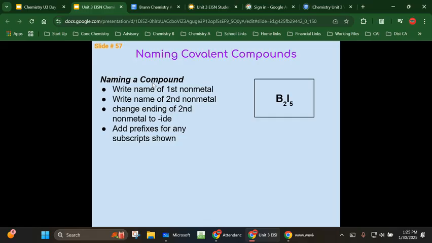Now, here's the other thing, ladies and gentlemen. I do not expect you to know which nonmetal to write first in a covalent compound. That is something that I have to set up for you. I'm not going to get into how we determine it. It has to do with the electronegativities and all kinds of weird stuff. We're not getting into that. But if you take 2 of these dice, the ones on the left-hand side of this box have to go first in your compound.